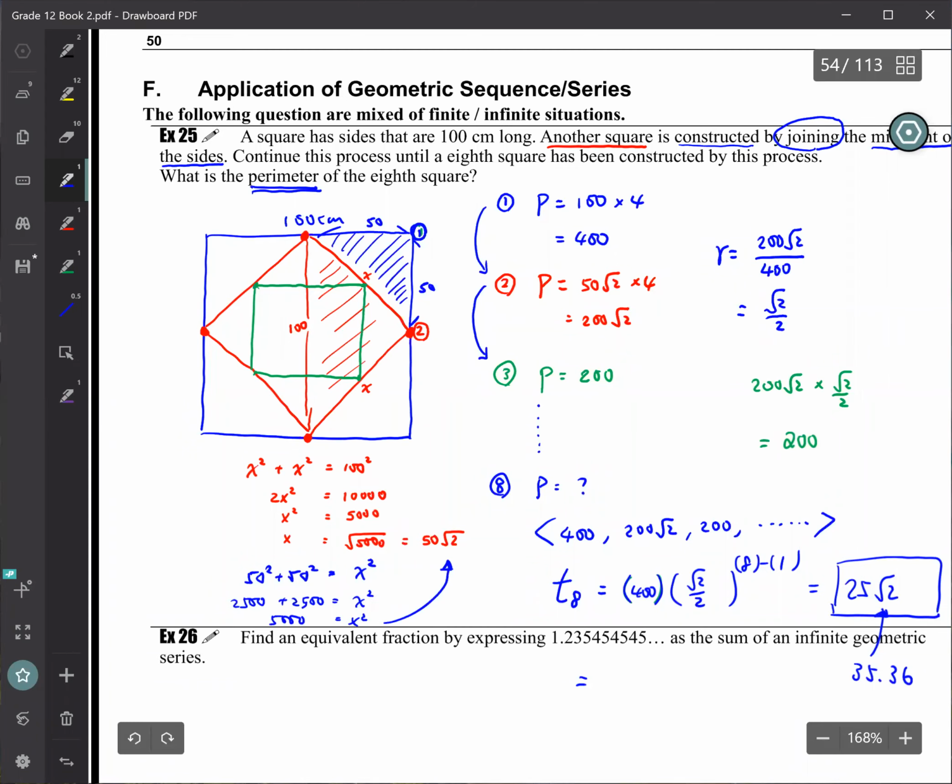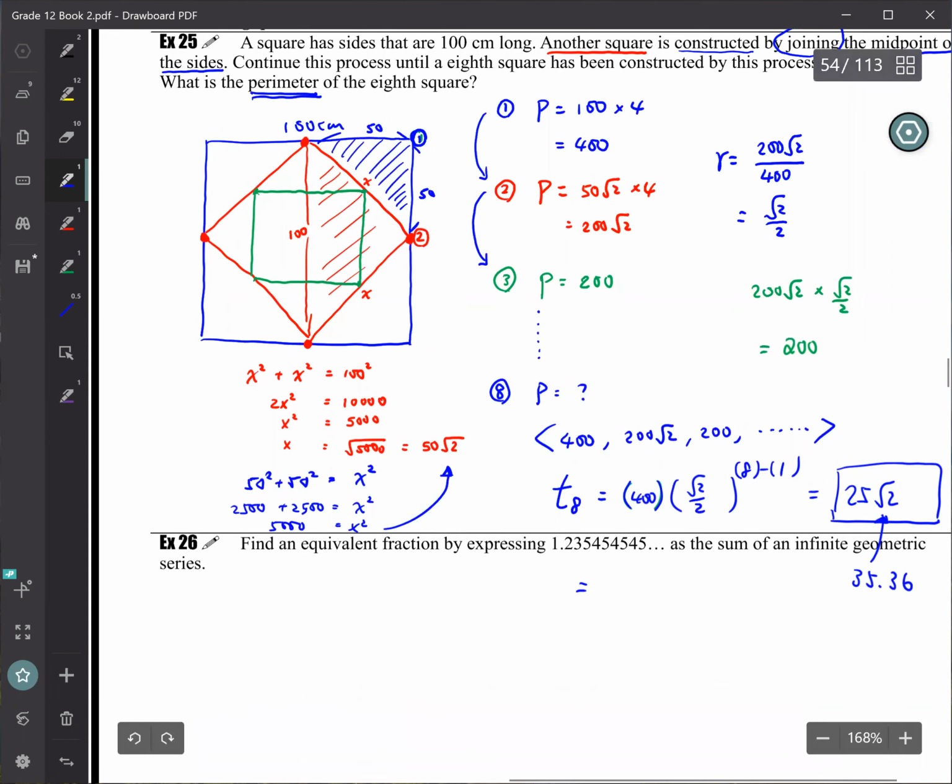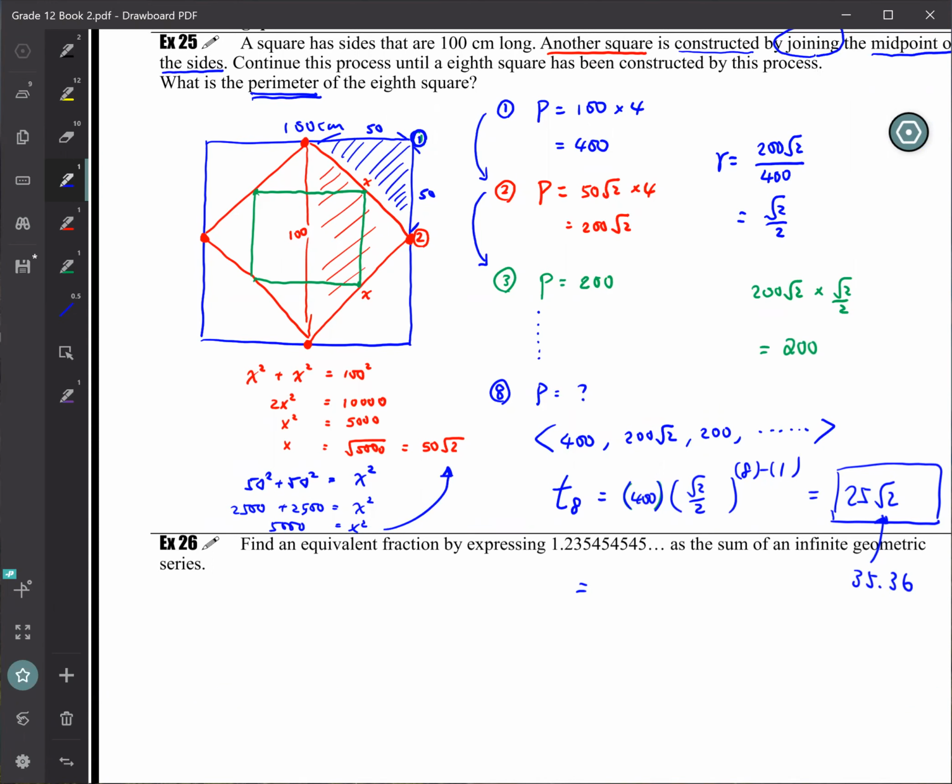Okay. So how did you figure it out? I put 400 and then times 2 cubed, times root 2, over 128.